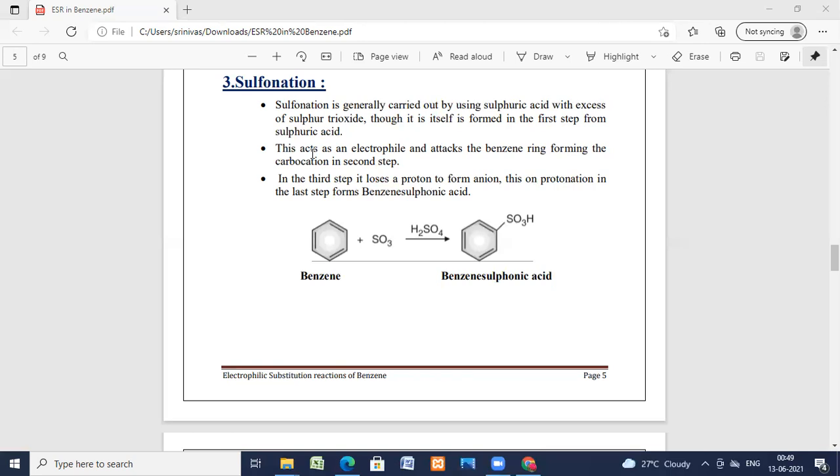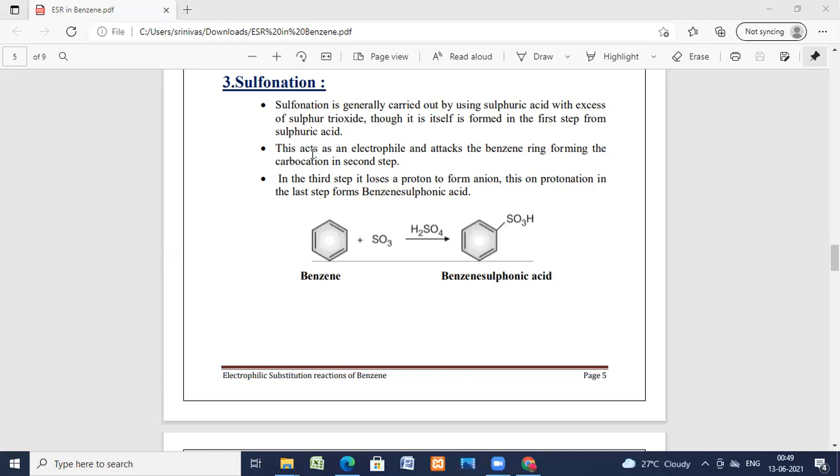Why do these aromatic compounds undergo the electrophilic substitutions? Why mostly the aromatic compounds, that is benzene, undergo electrophilic substitutions? After giving this introduction, I'm going to explain to you about sulfonation, Friedel-Crafts alkylation, and acylation.